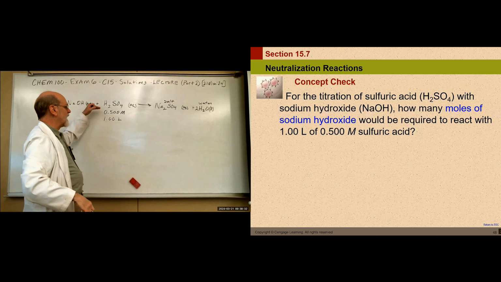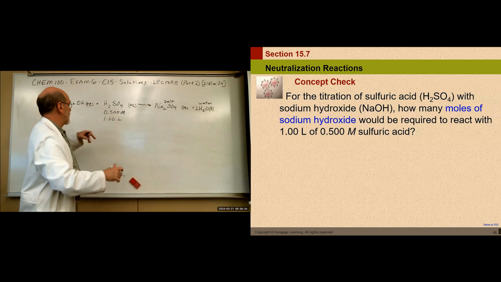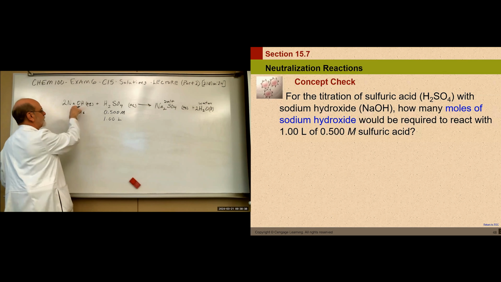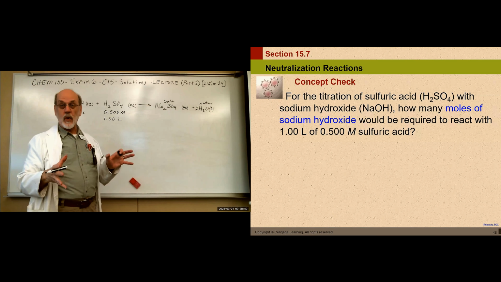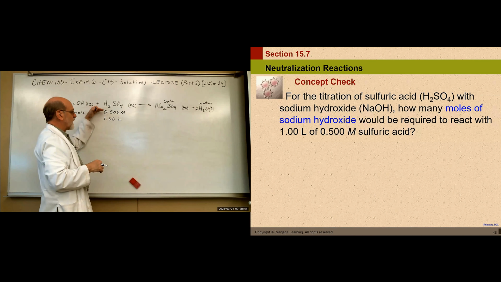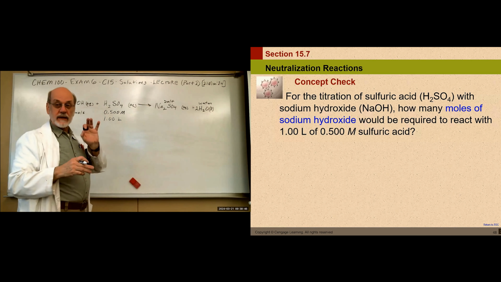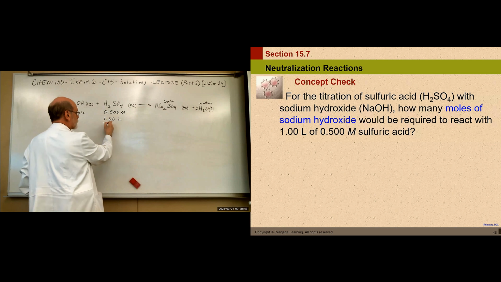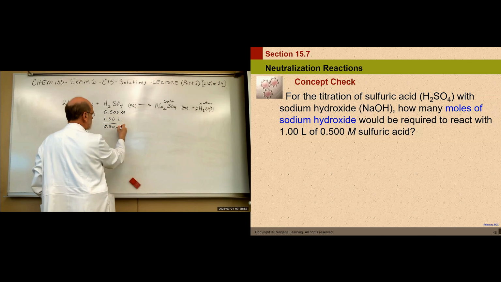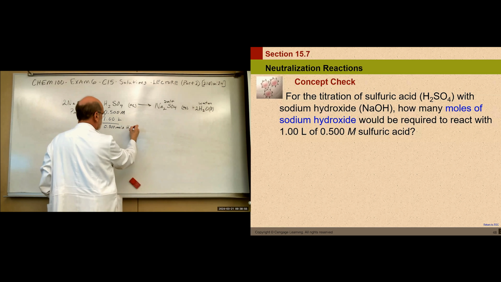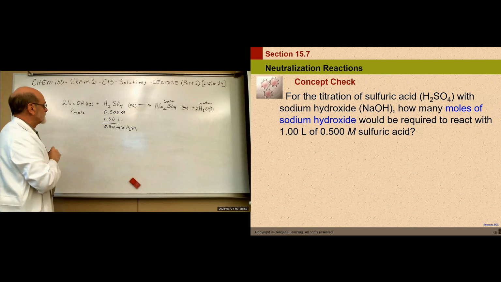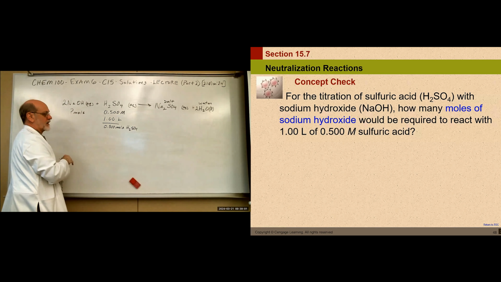So if we multiply, and the question is, how many moles of sodium hydroxide are required? If we multiply molarity times volume, we get moles. So this would be 0.5 moles of sulfuric acid. So how many moles of sodium hydroxide are required?